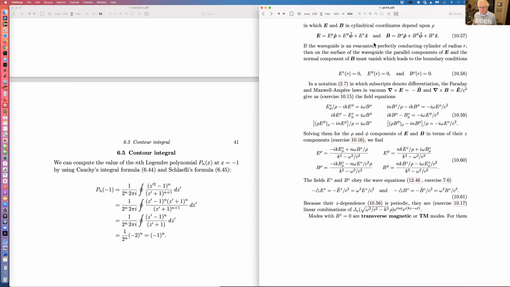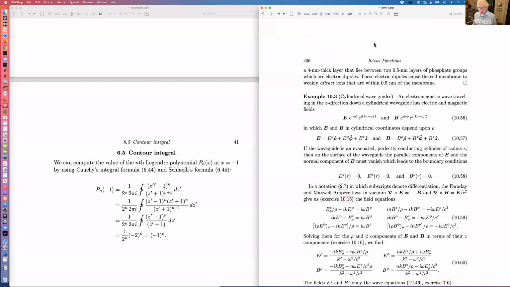Right. Well, in a cylindrical waveguide, you've got E and B like this, and if you have a transverse electric field, that means that this component vanishes.